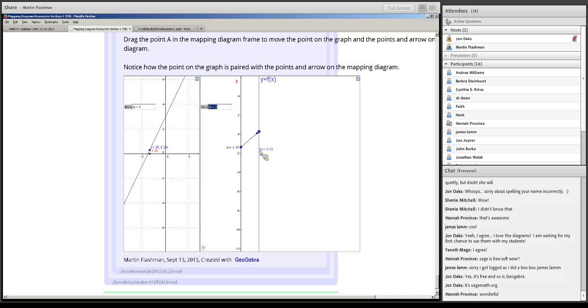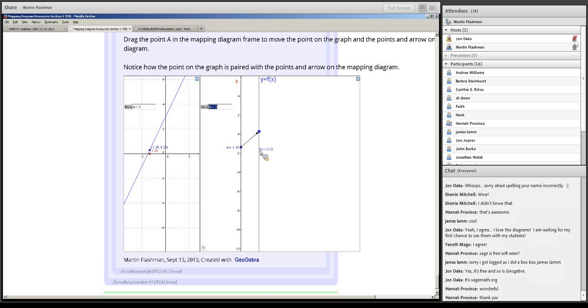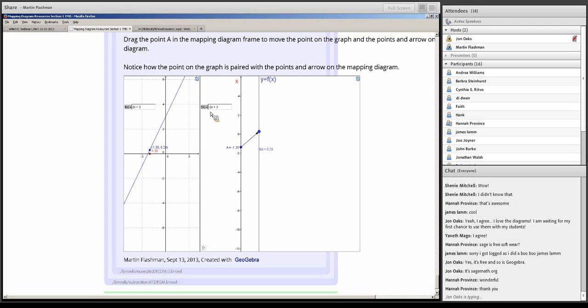What I built here in GeoGebra allows you to change the function. So instead of having 2x plus 3, I'm just going to change it right here and make it minus 2x plus 3 and see what that does to the diagram. Well, we know what happens to the graph of the function. It's now going downhill, but here's what happens with the diagram. As the values of x go up, the values of the function go down. So we have this really nice visualization of that.